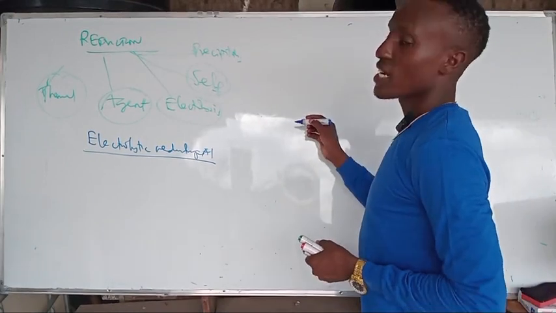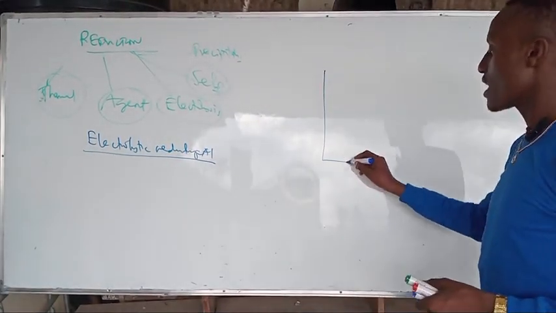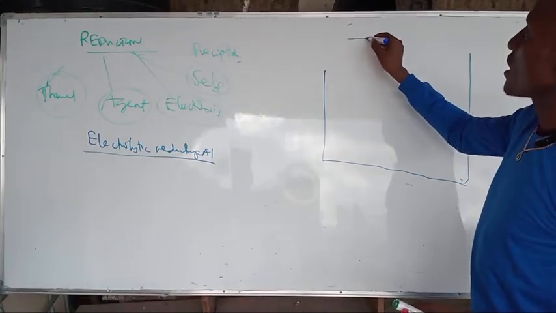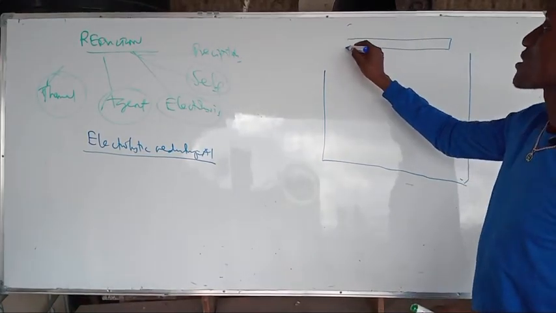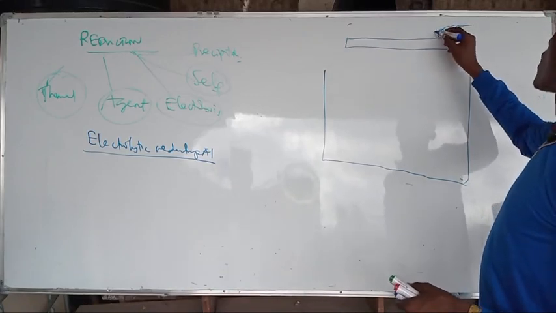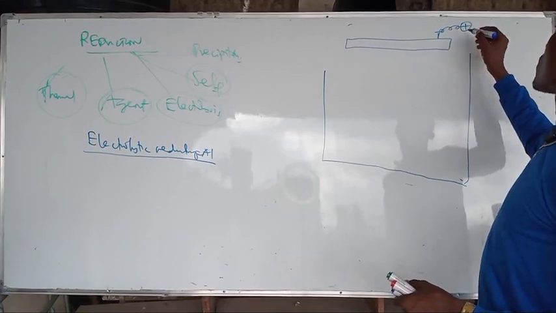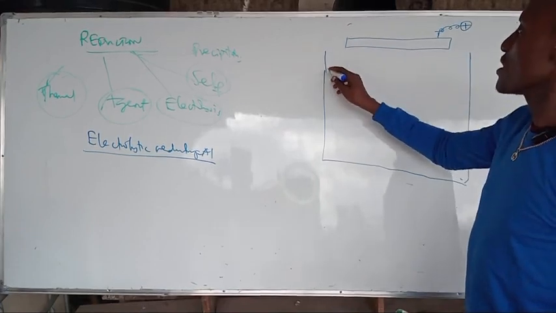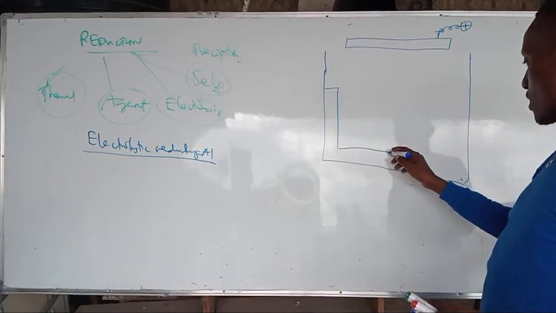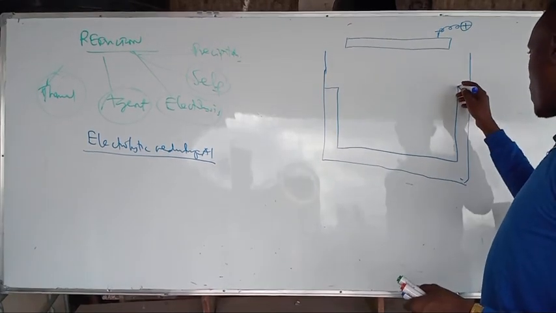So aluminium can just be reduced by using this cell. So we have this is the anode, positive, while we have the cathode right here.